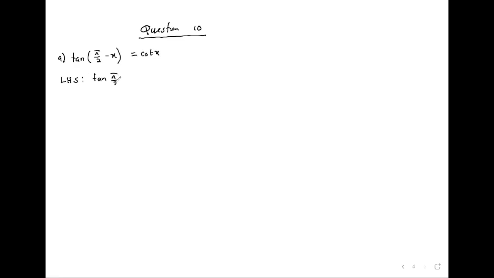Say tan pi over 2 minus x is the same as sin pi over 2 minus x over cos pi over 2 minus x. Using the last identity, the top one is the same as sin pi over 2 cos x minus cos pi over 2 sin x, over cos pi over 2 cos x plus sin pi over 2 sin x.